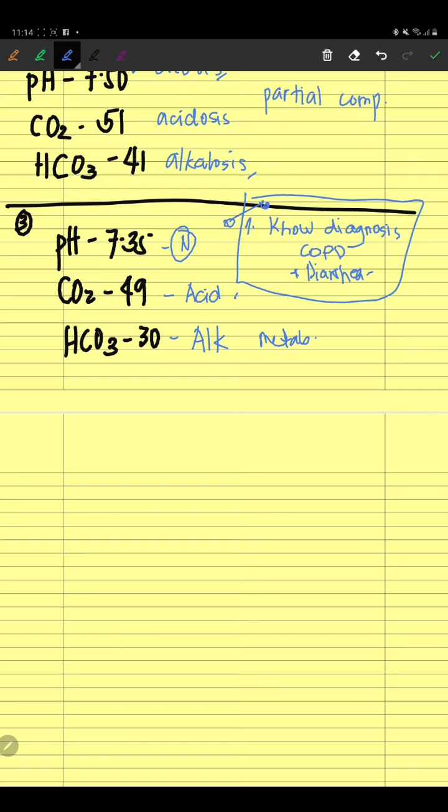So that is the first way of how you will be able to know what type of problem you have. Paano pag walang nakalagay na diagnosis in your activity or in your situation? So, of course, in that case, if you have no idea at all kung ano yung diagnosis ng pasyente natin, what will we do? We look into the pH of the patient and we will determine whether it is within its alkalotic side or your acidotic side.